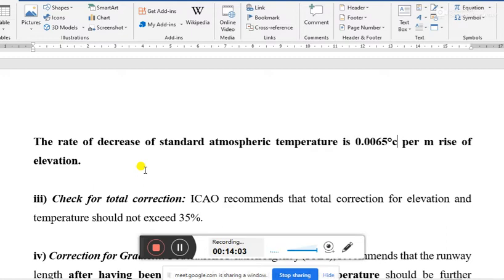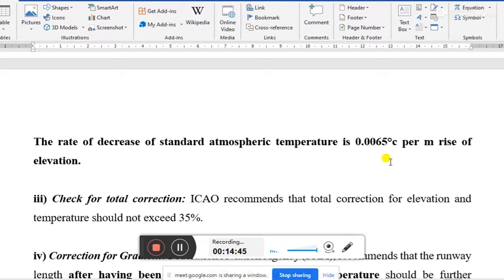When elevation increases, obviously the temperature will decrease. I think you have studied that per 100-meter rise of elevation, the temperature will decrease 0.65 or 0.7 degrees Celsius. Or maybe you have studied that for 1 kilometer rise of elevation, at a height of 1 kilometer, the temperature will decrease 7 degrees Celsius.